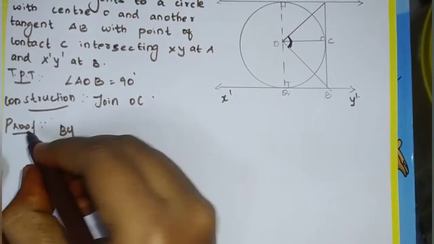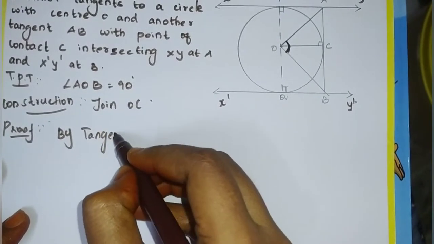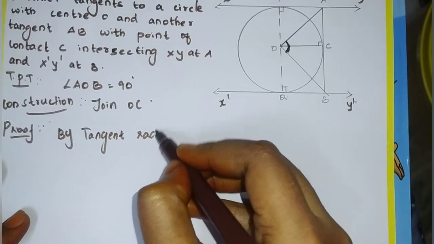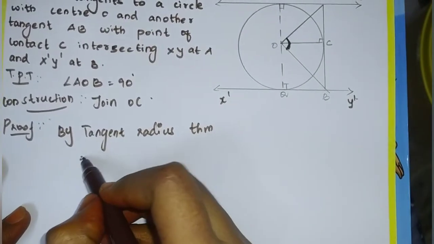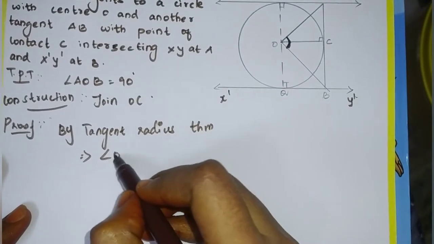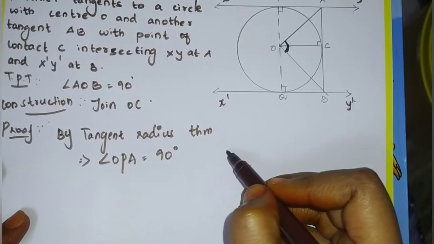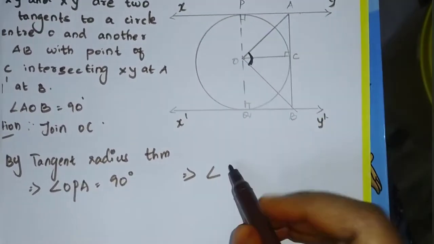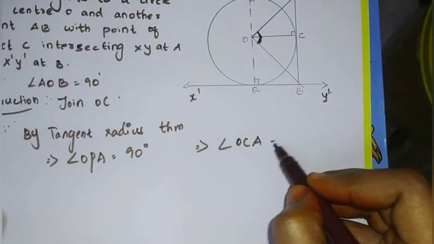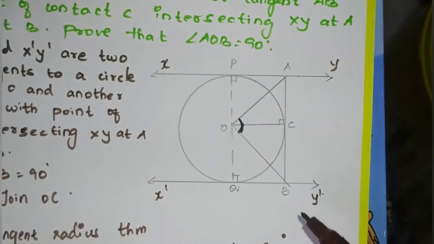So by the tangent radius theorem, we can tell that angle OPA is equal to 90 degrees and angle OCA is also 90 degrees. This angle and this angle.